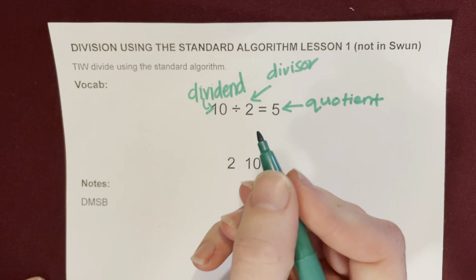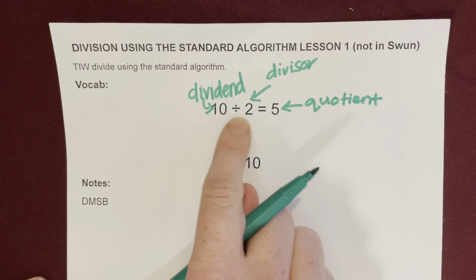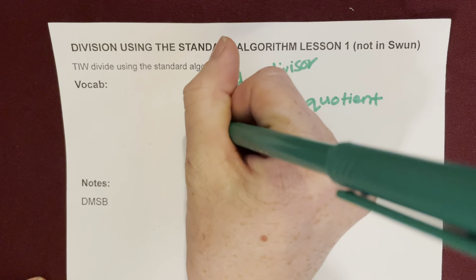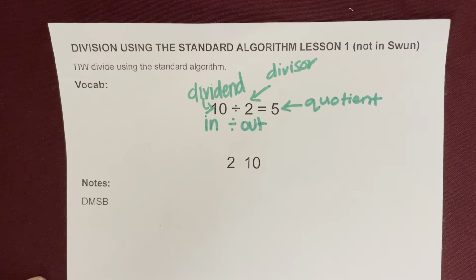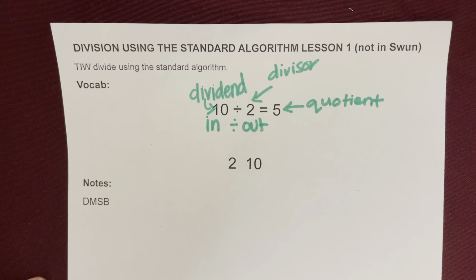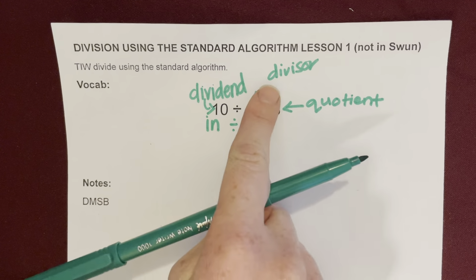Something new for division: when you see a division expression written like this, you're going to see in and out. And in and out is going to help you a lot in 5th grade. So get used to the dividend being in, the divisor being out. And we're going to see that right here.